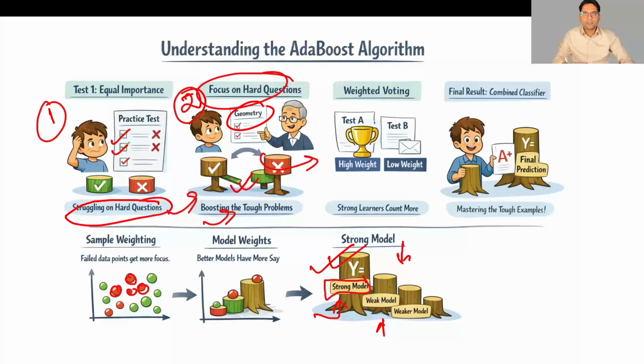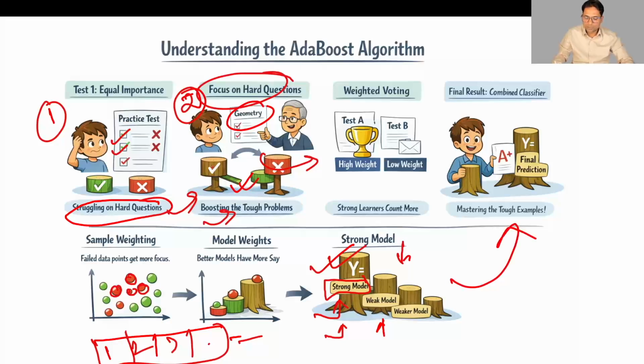That's the broad idea. Then we combine all of them, with weights assigned to each one. Finally we combine all the test results, 1, 2, 3, and get a final verdict, his final prediction, his final score, based on all the tests.